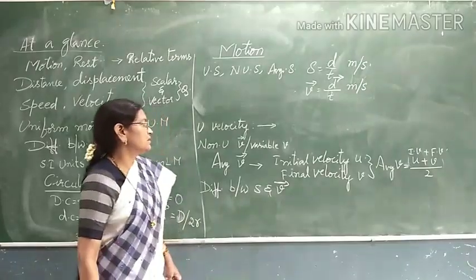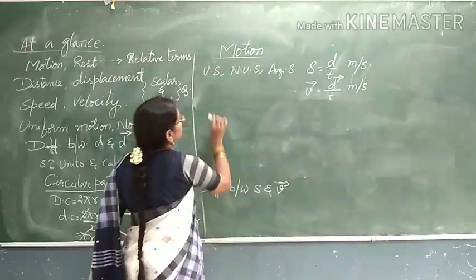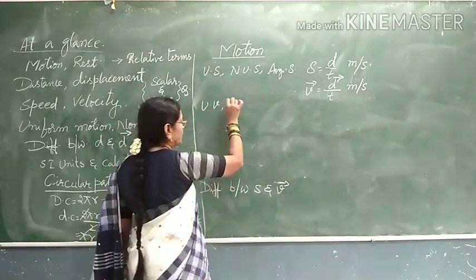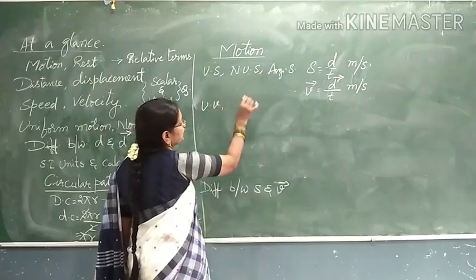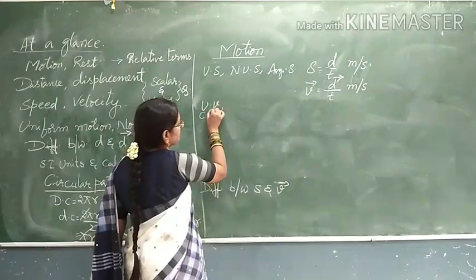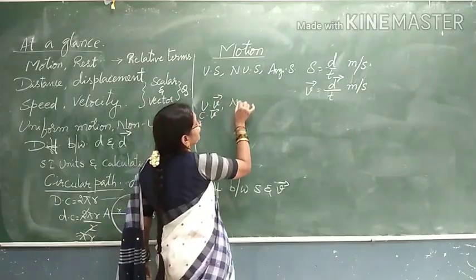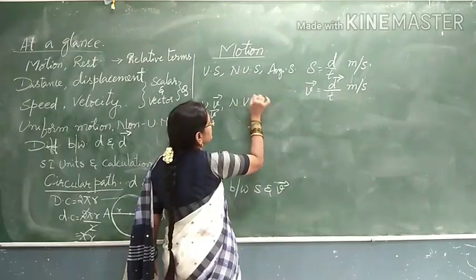Now again, what is uniform velocity or constant velocity? Then what have we studied?